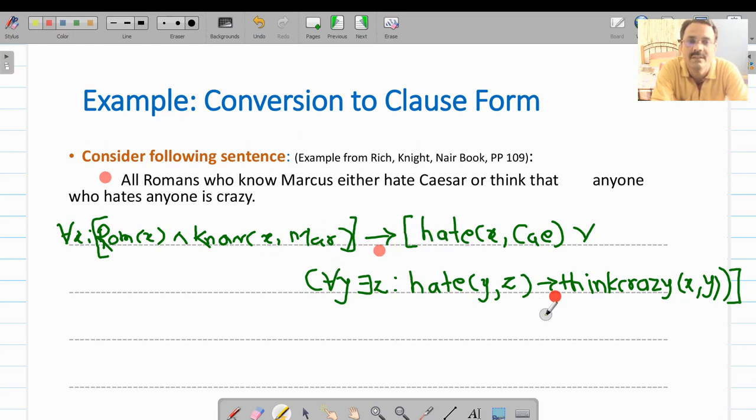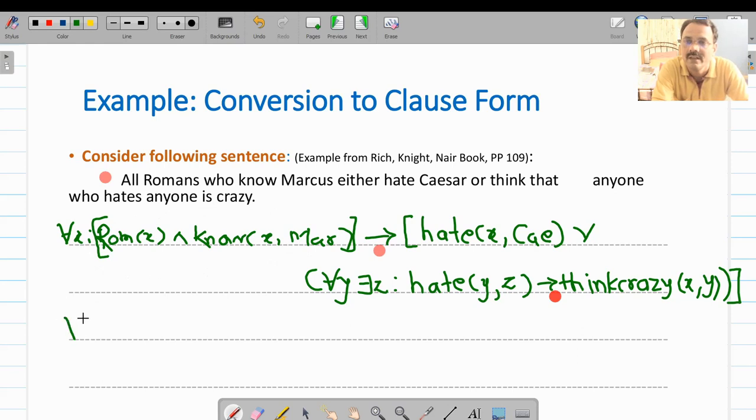To remove this implication, not of this left hand side or this right hand side as it is. So I will remove both the implications in one step. So that is equivalent to, write its equivalent form. This will be equivalent to not of this. First we will remove this first implication, not left hand side.